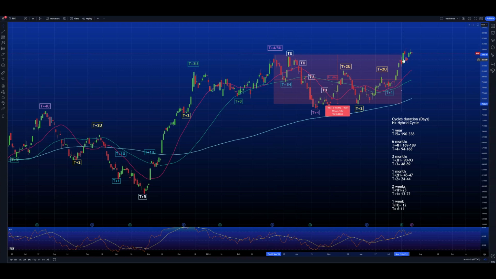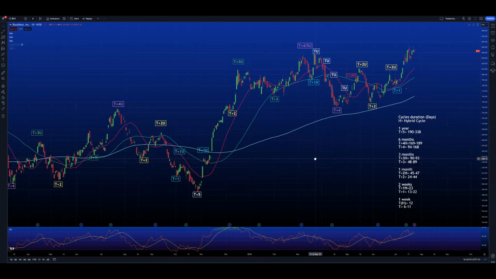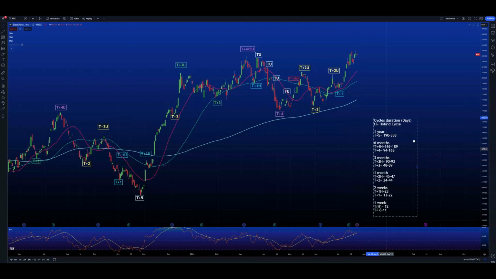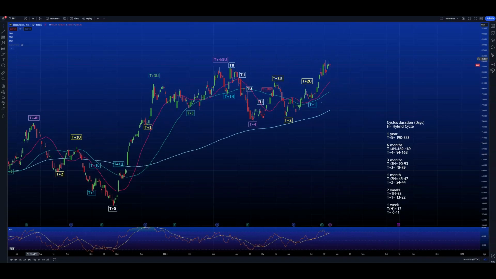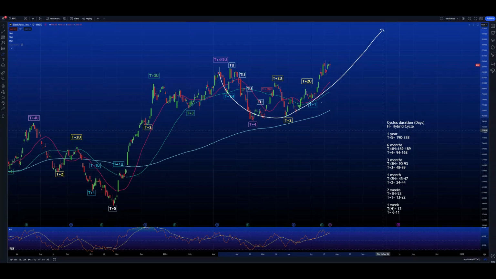But because the top from which the t+5 started was broken up with this candle after 88 bars, we have an upward yearly cycle that can proceed to further extend the rally until its minimum duration, which is 190 days.